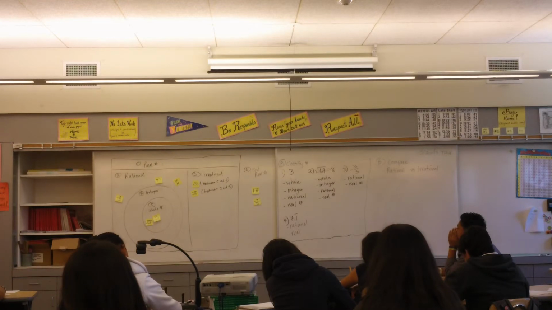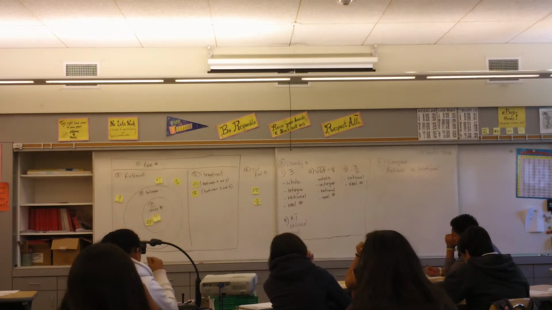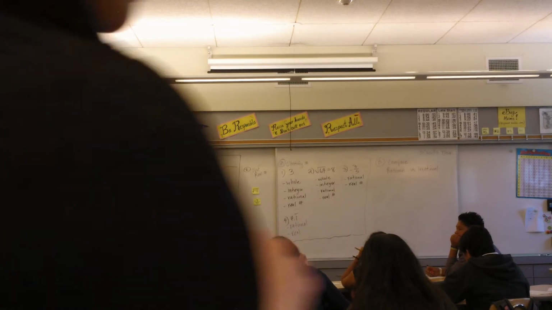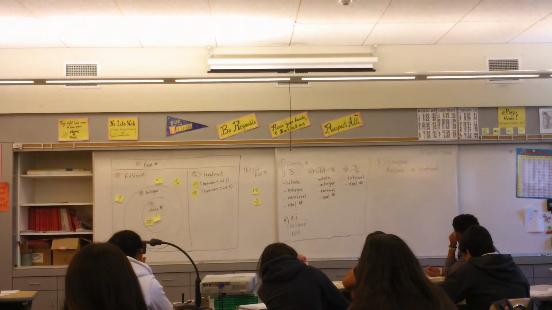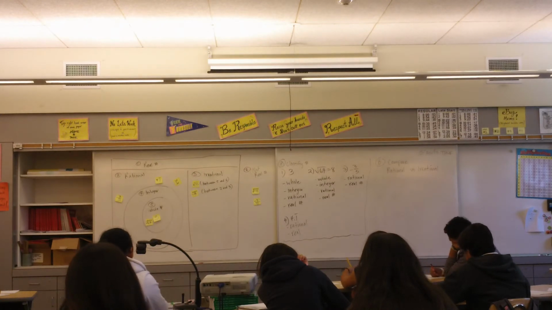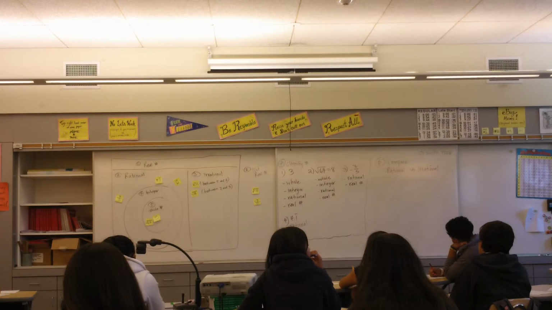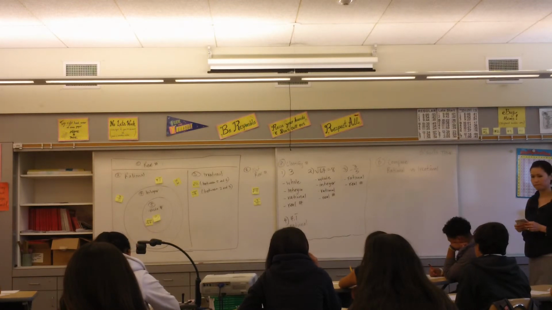Compare all the numbers on the rational number side and all the numbers on the irrational number side. What do you see? Who needs more time to copy? Okay.